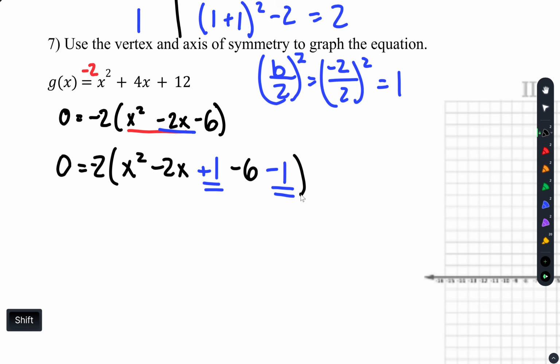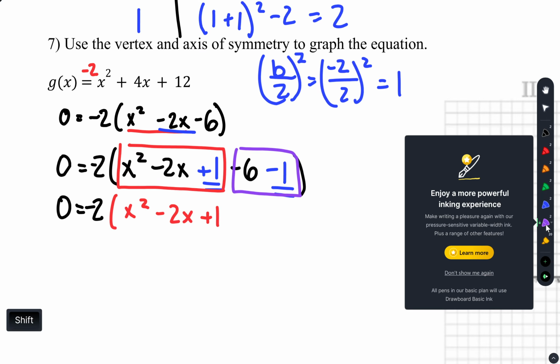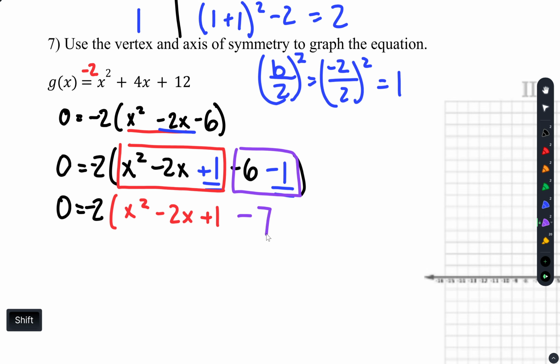Let's rewrite this part and this part. X squared minus 2x plus 1, that's going to be my perfect square part. And then the -6 minus 1, that's going to be the extra stuff. That's the -7 that's on there.